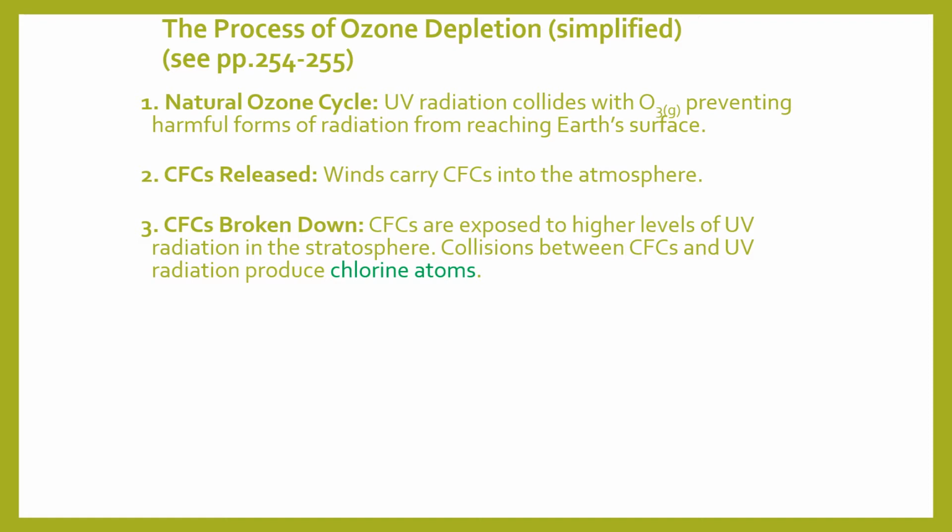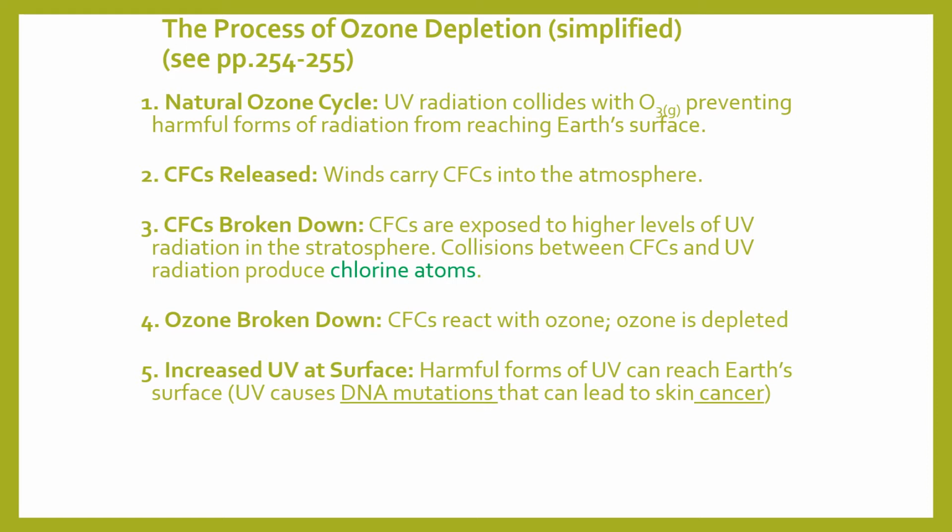From that intro screen we saw we had the troposphere, but when we get into the stratosphere, where the ozone is, they collide with this UV and they actually break apart, and this UV radiation produces excess chlorine atoms. These excess chlorine atoms react with that ozone and break apart the O3, and it makes an O2 and just a free oxygen molecule.